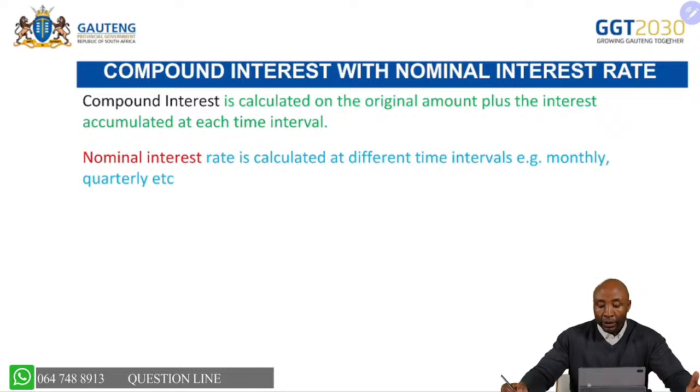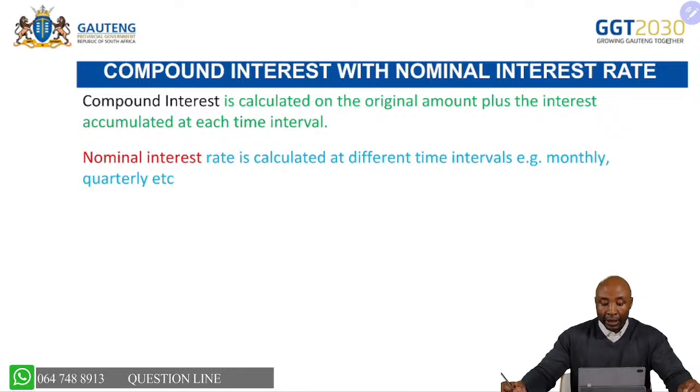And we know that there is nominal interest rate, and this can be calculated for the given interval. For example, now we are going to be having terms like the interest is compounded annually, it's compounded half yearly, it's compounded monthly, it's compounded quarterly.